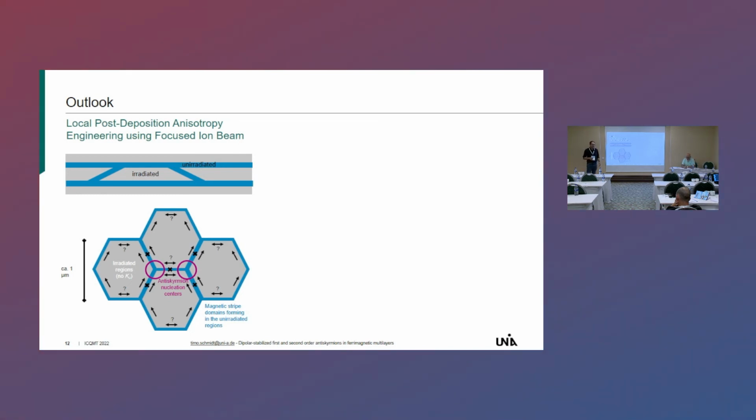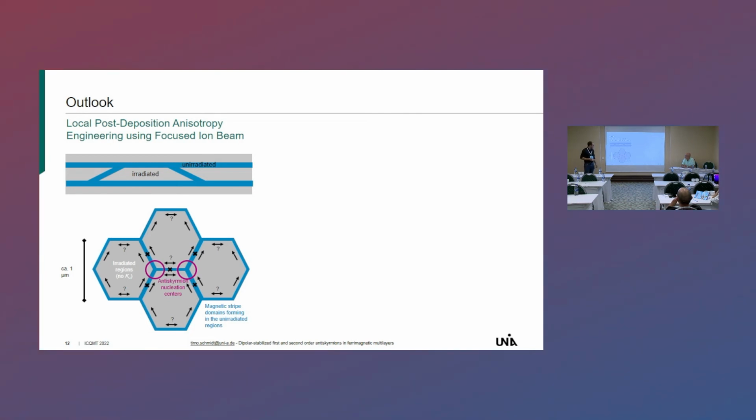And as we have seen, antiskyrmions are more likely to nucleate from these crossing points of the domain walls, so we could use such a structure to get more detail about the nucleation of antiskyrmions.